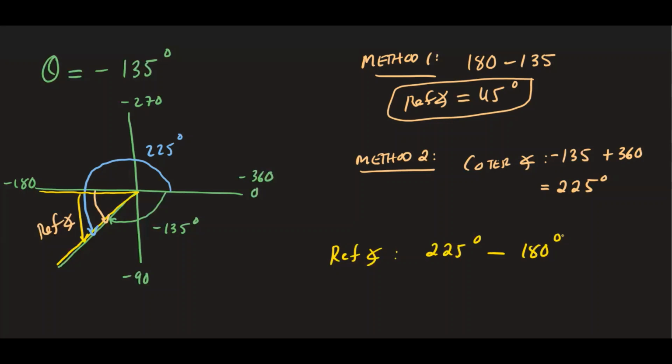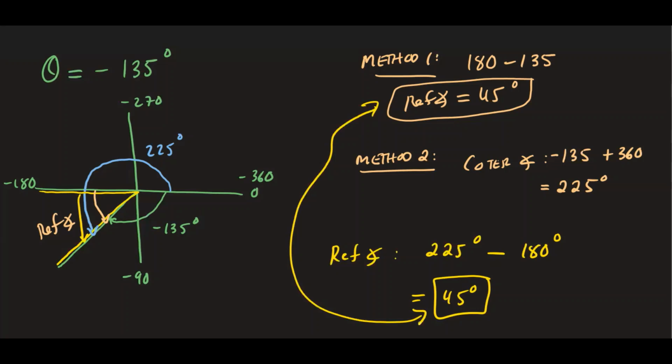So 225 minus 180 is definitely 45 degrees. So there you have it. You can do it any of these ways, but I would strongly encourage you to do method number 2 because you get to practice the idea of coterminal angles and then relate that to the reference angle. Okay, so I hope this makes sense.